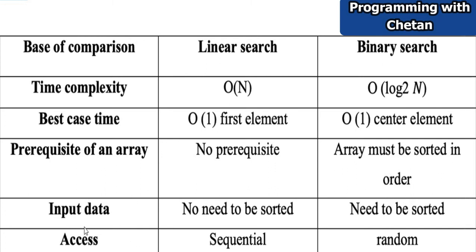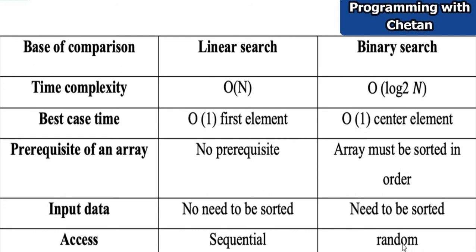And if we talk about the access technique, that how we are accessing the elements, then in case of linear search we are accessing elements sequentially, that is starting from index 0 until we find the element. Whereas if we talk about binary search, we are accessing elements randomly, right?